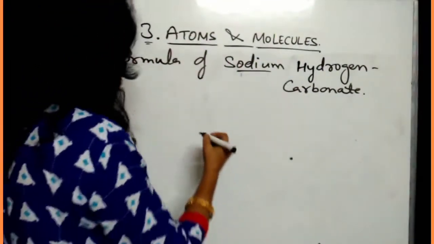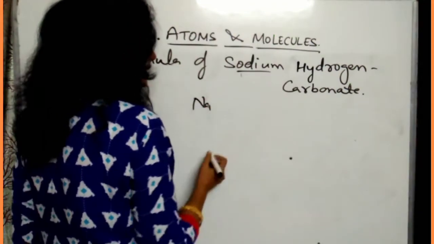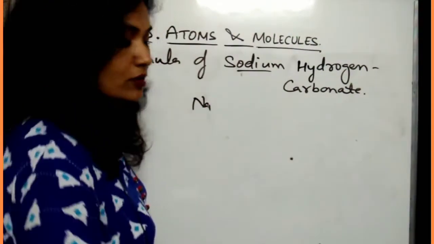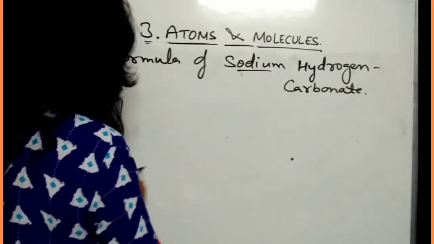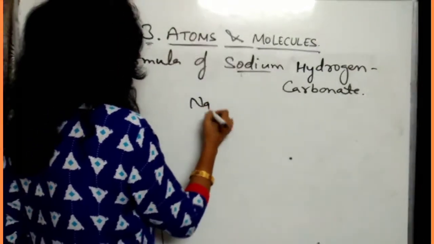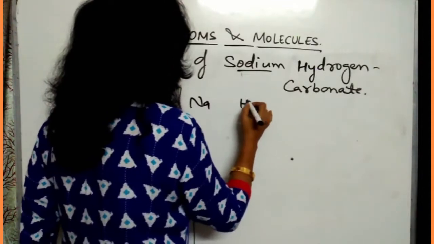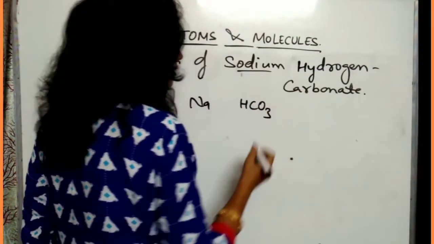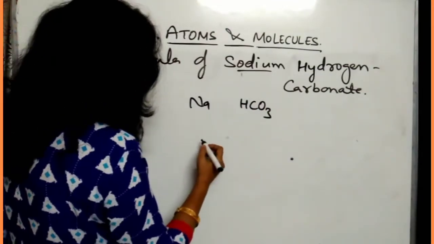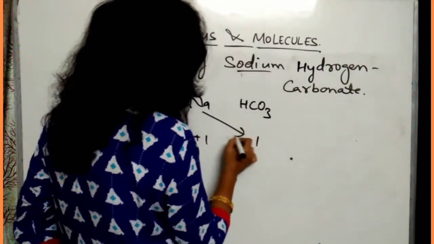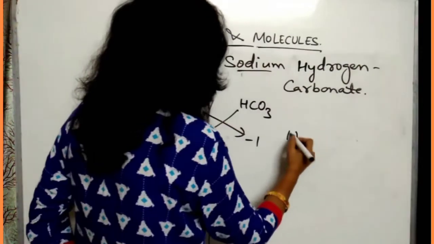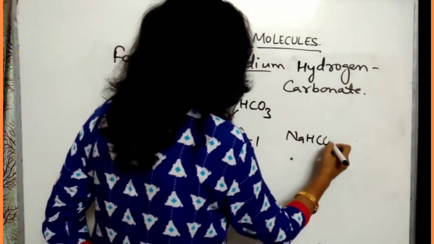You will write HCO3. The symbol of sodium is Na. Here plus 1 valency, here minus 1 valency, cross over the valencies, and the formula becomes NaHCO3.